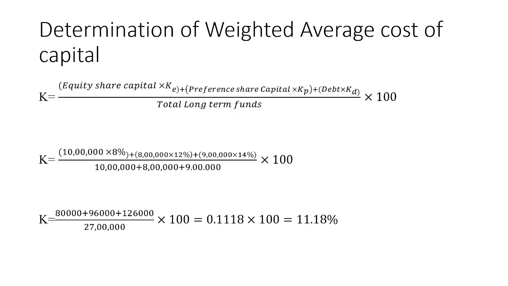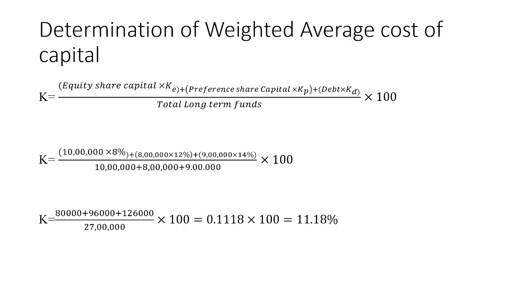Now, let us find out the overall cost of capital. So, K, overall cost of capital or weighted average cost of capital, is equal to equity share capital multiplied with the cost of equity plus preference share capital multiplied with the cost of preference plus debt multiplied with the cost of debt divided by total long-term funds into 100.